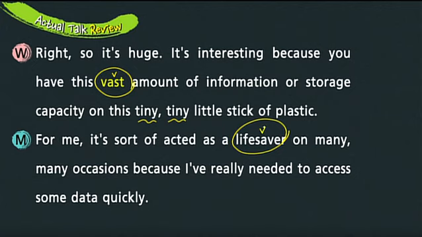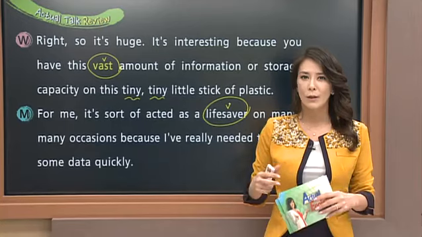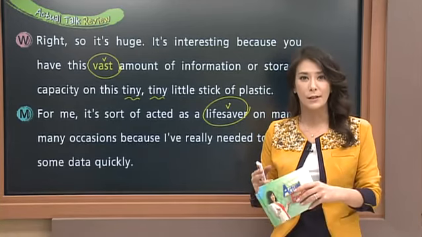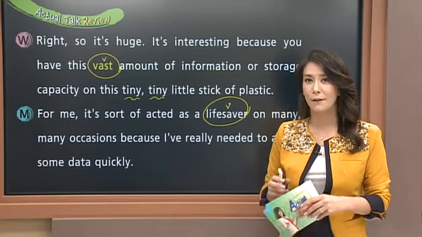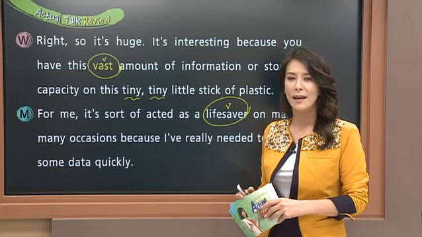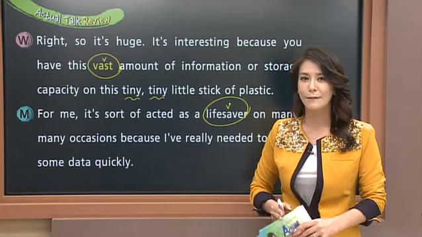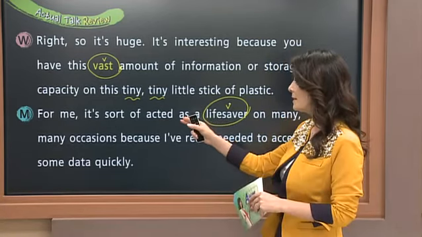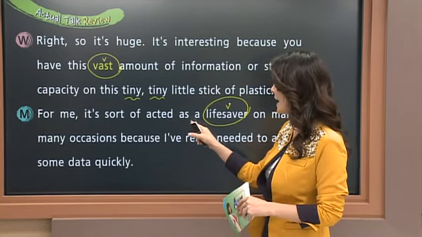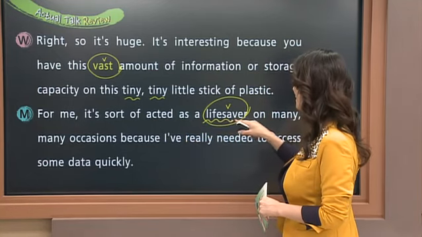So he's talking about certain situations that he was in, okay? Difficult situations where he needed data or access to some data very quickly. But what happened? He was able to make use of the USB stick. And he's saying that the USB stick, for him, acted as a lifesaver.